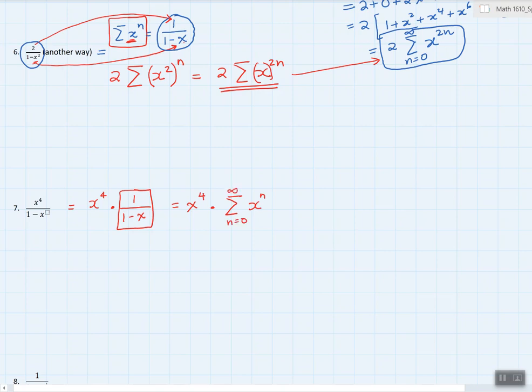So it's x to the power 4 times this. Every term of this is going to get multiplied by x to the power 4. So we can bring x to the power 4 inside the summation, and I would get this. So that's the answer.